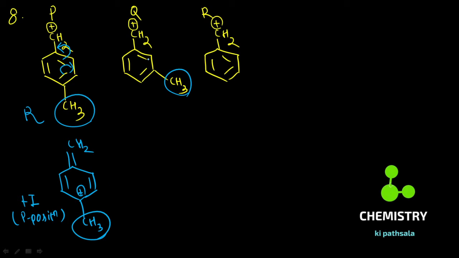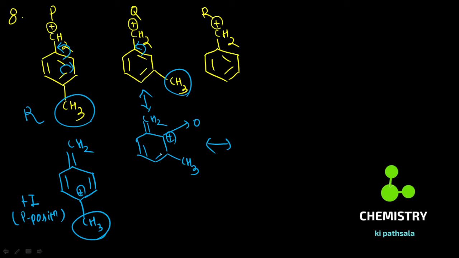In the case of Q, see here, what is happening. In the case of Q, this is CH2 and the positive charge is there. This is CH3, and this is the ortho position, right?